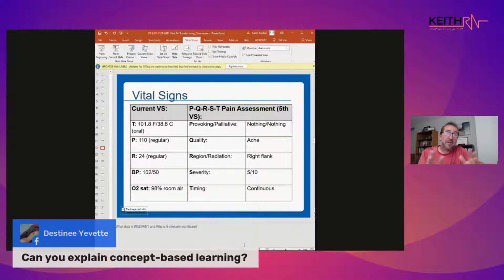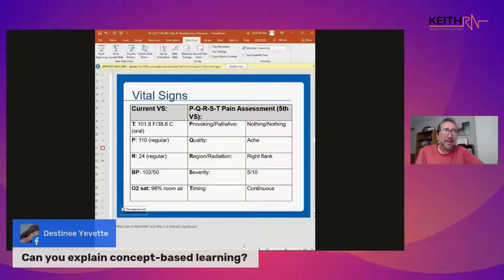So now we ask ourselves the same question. The one-two punch of Tanner: what are you noticing? What's the clinical significance, or what does it mean? So we've got the temperature, 101.8. Boy, that's a little too high. She's got that febrile response from an infection or inflammatory response. That's the why. Her pulse is tachycardic. She's 110.